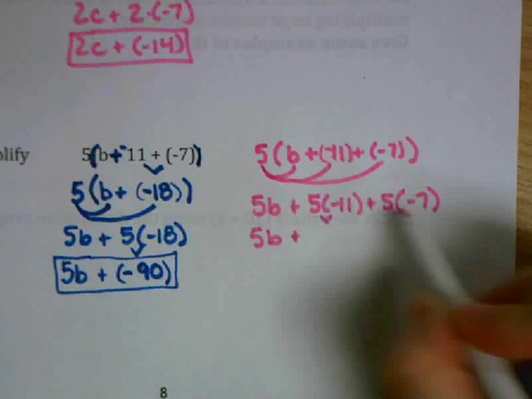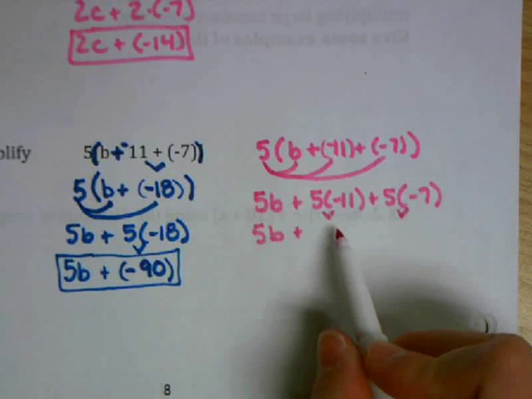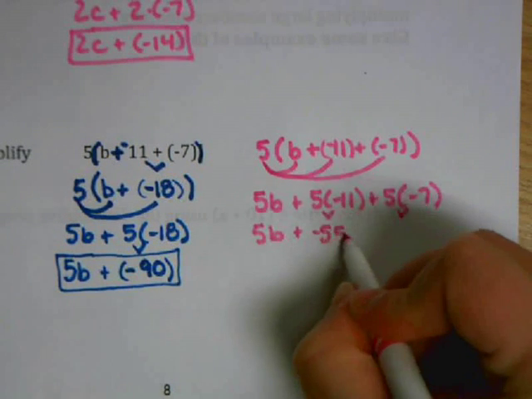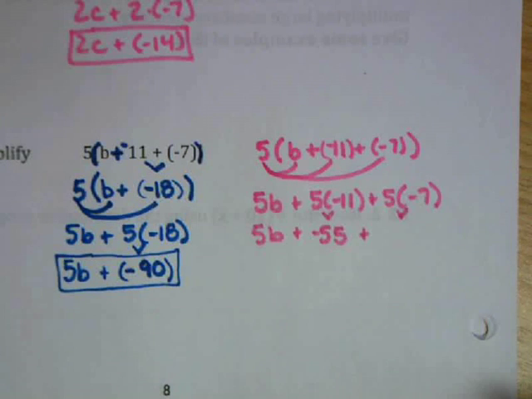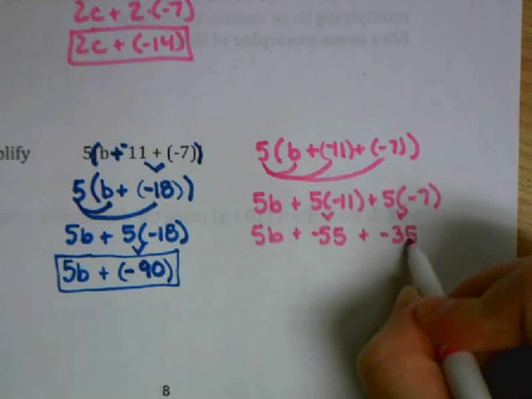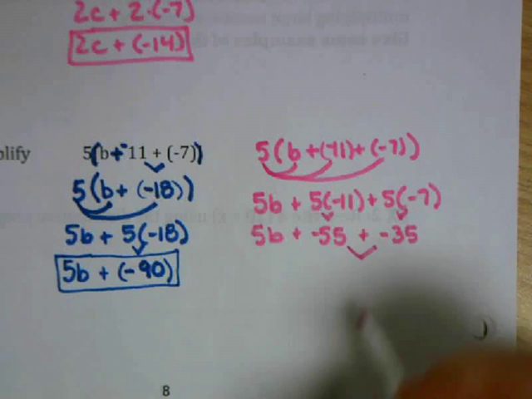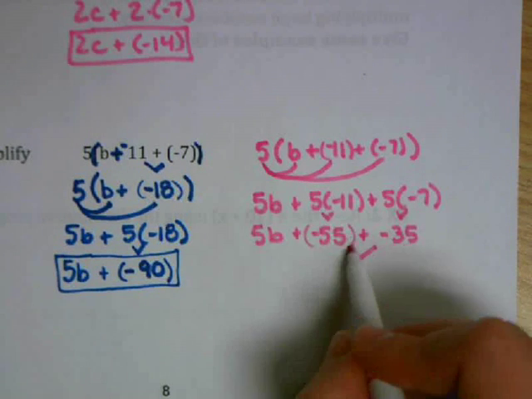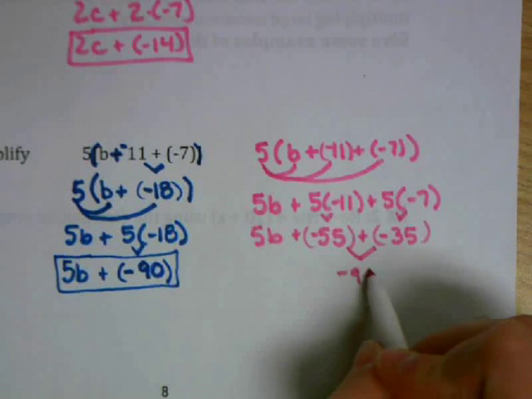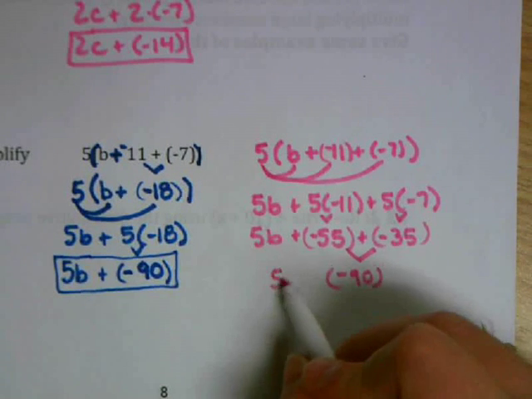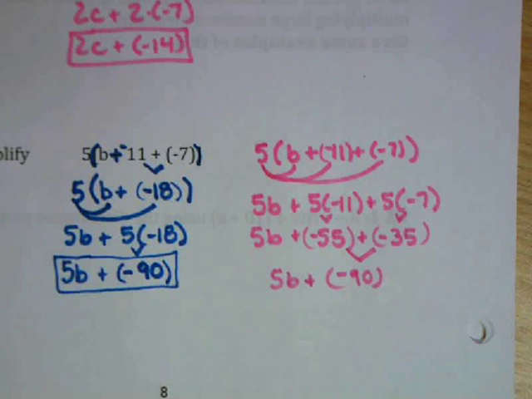These are easier multiplication ones to do. This would be negative 55. 5 times negative 7 is negative 35. And now we can combine these 2. Negative 55 plus negative 35 gets more negative, gets down to negative 90. And isn't that the exact same answer?